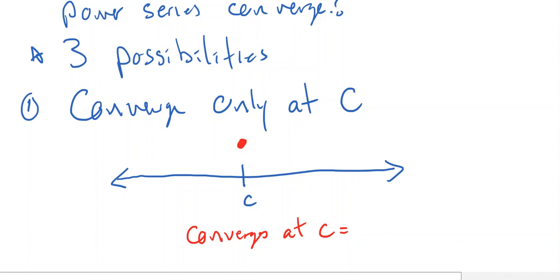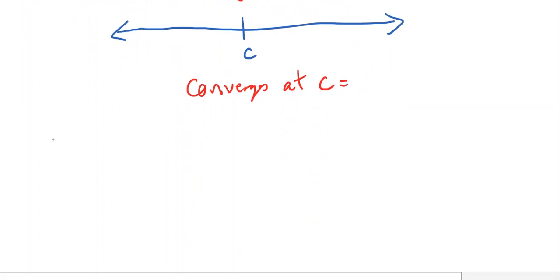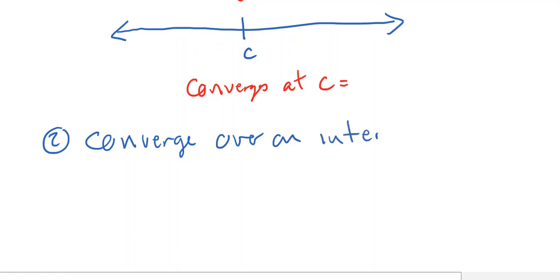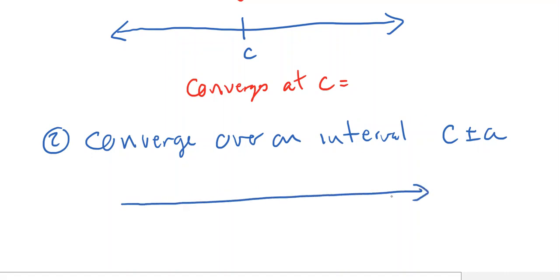The second possibility is that the power series will converge over an interval, C plus or minus A. And it might be a closed interval or an open interval, but it's going to be some interval centered at C. So once again, if we look at a number line and we have C here in the middle, and then we have A over here and negative A over here, and it converges from C to A and to negative A. Now, I'm not putting normal interval notation because we don't know if it converges at the endpoints or not.